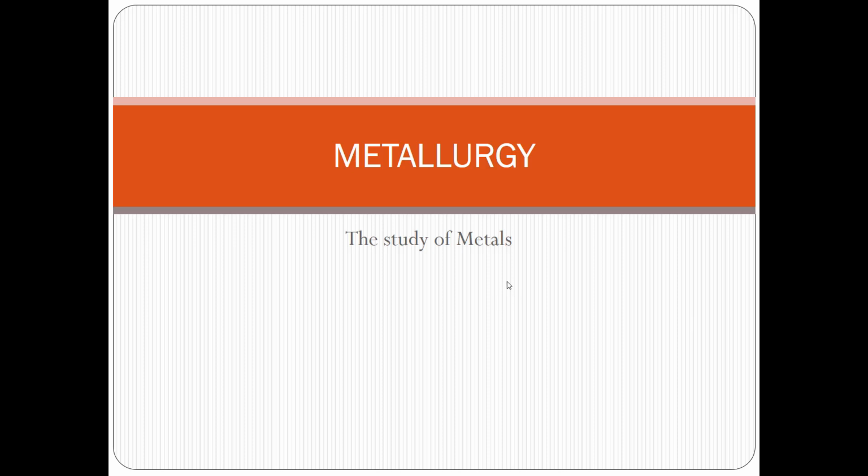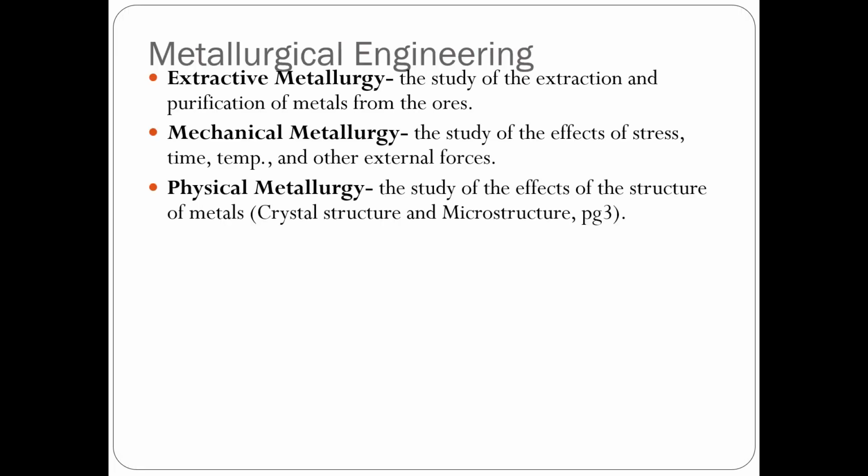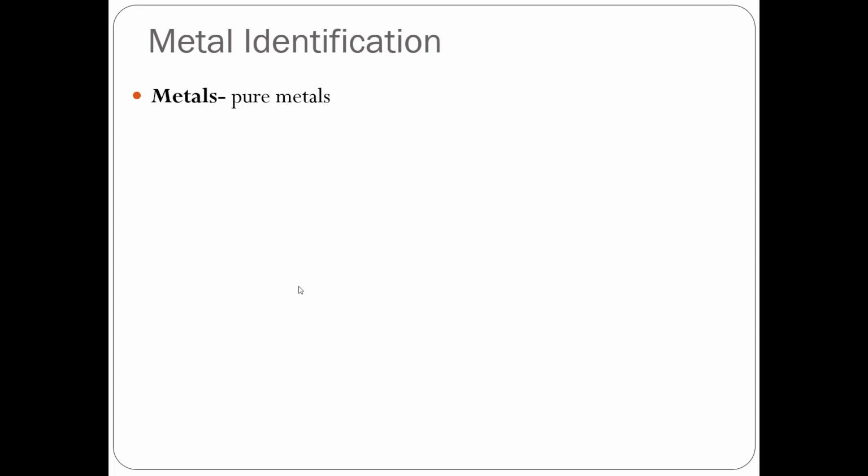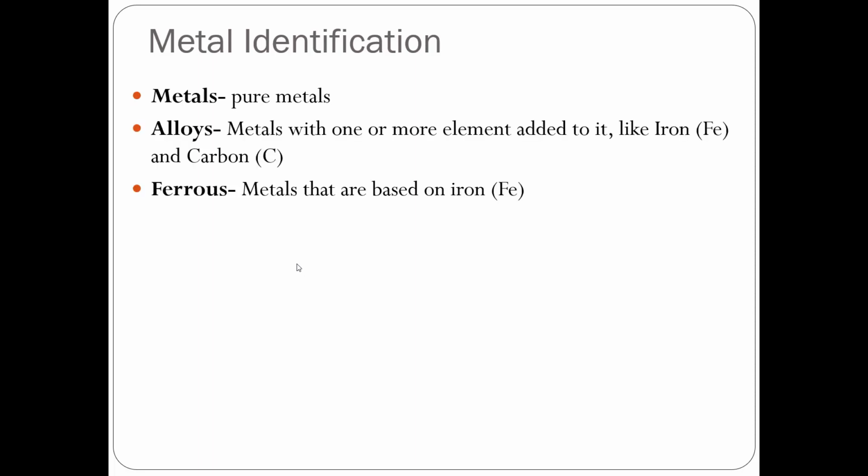Metallurgy, the study of metals, going back to page 1 in our textbook. Early on in chapter 1, it talked about different types of metallurgy: extractive, mechanical, physical, and welding metallurgy. I might ask about the definition of metallurgy, but not each of those individually.